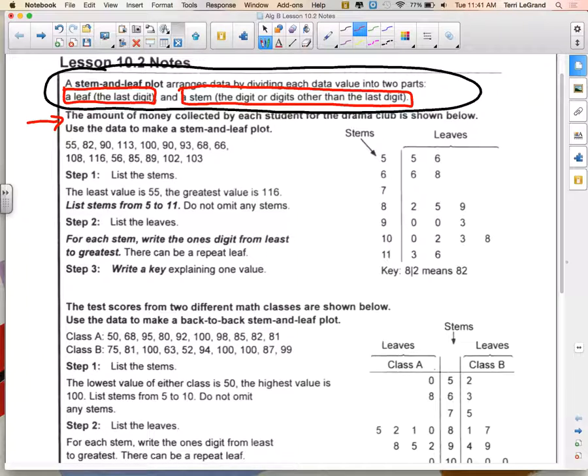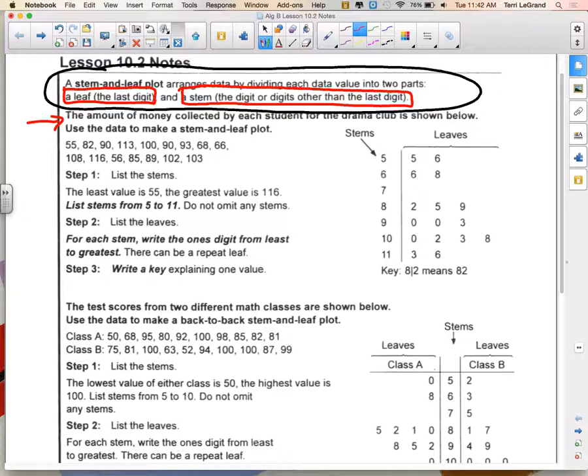The amount of money collected by each student for the drama club is shown below. The amount of money, so all those data values represent dollars. So one of the students collected how much money? $55. Another student, Riley, collected... Cameron? $56.